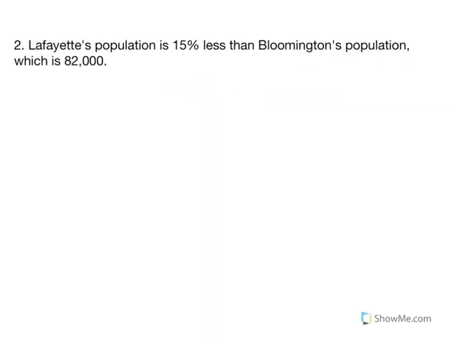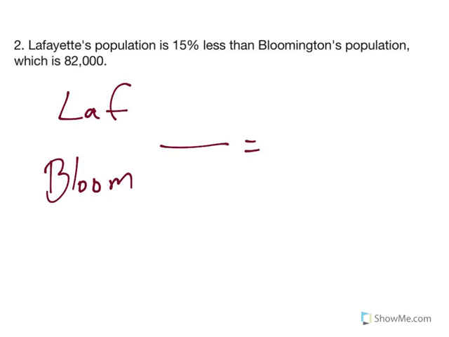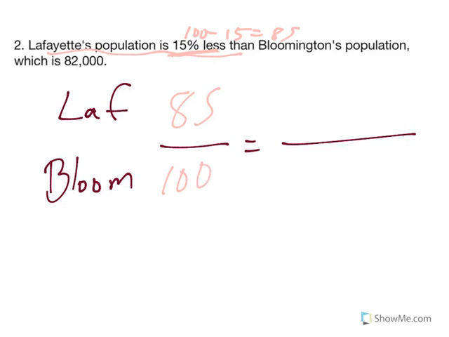All right, I would like you to just try number 2. Hit pause, try number 2, and then let's see what we can do. Okay, so in number 2, we are comparing Lafayette and Bloomington. 15% less, well, remember that's 100 minus 15, and that gives me 85. So Lafayette is the 85 compared to Bloomington's 100% reference. And then it says Bloomington's population, which is 82,000.